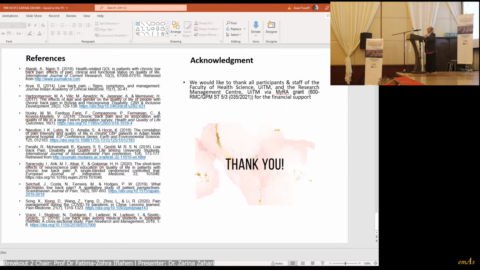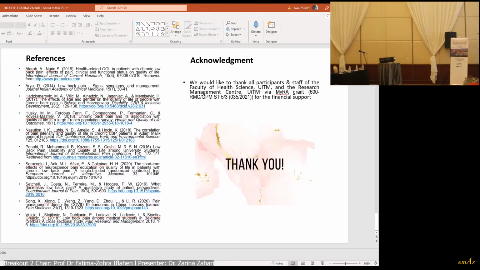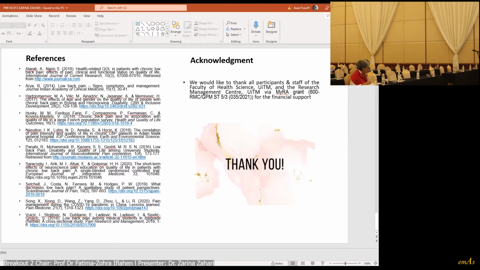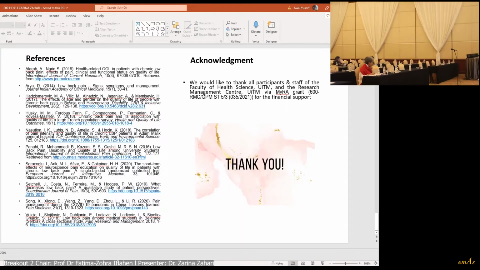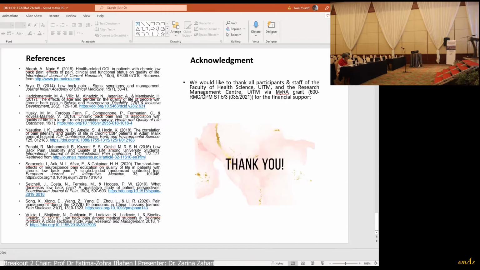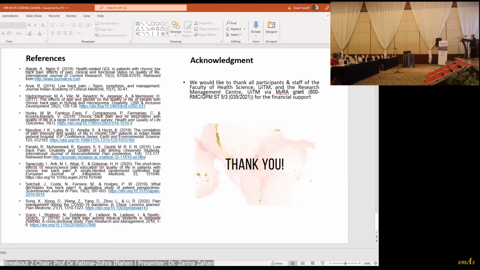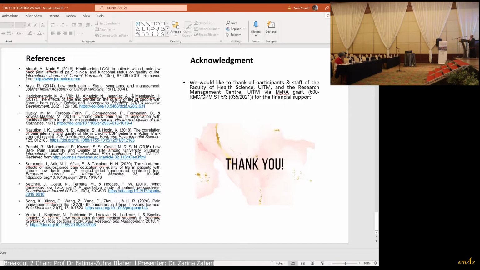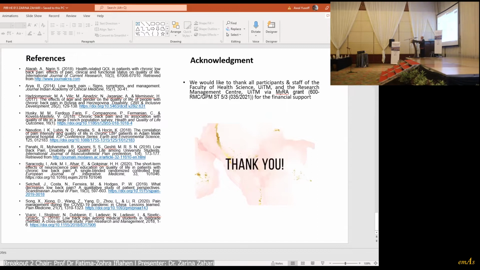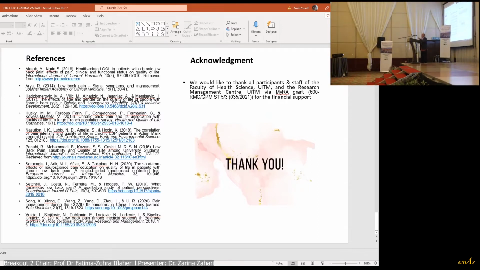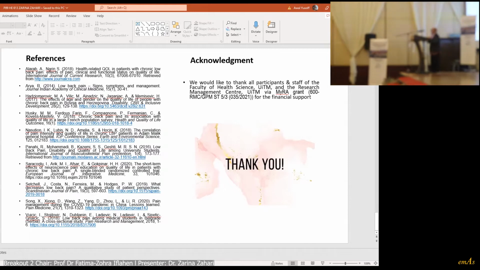Some other studies which did not involve medical faculties or medical programs do not really show high prevalence of low back pain. So what I can say here is that for students of health programs, the studies have shown high prevalence. It could be due to their activities.